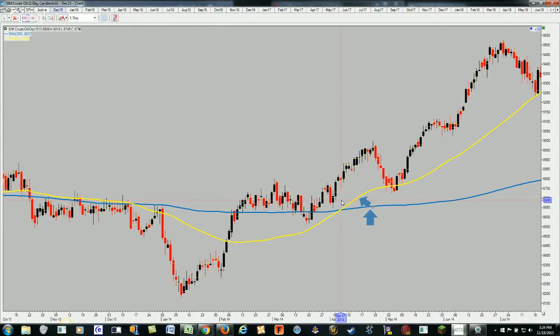And it looks like our price action, right about this area, being April 8th of 2014, right about there, we can say that we crossed over on a daily basis, and the downtrend became an uptrend.